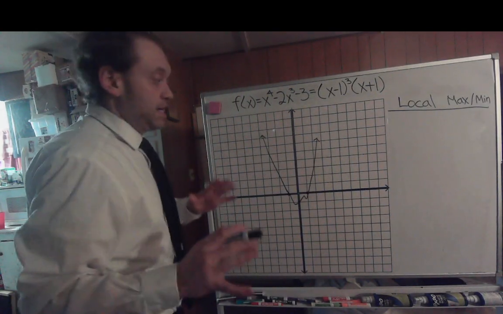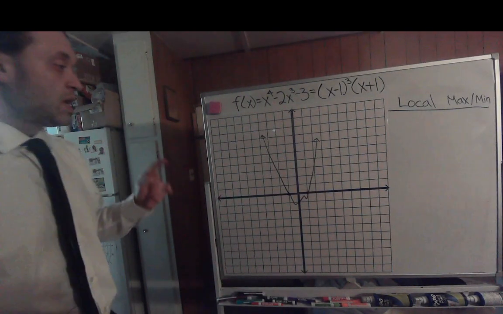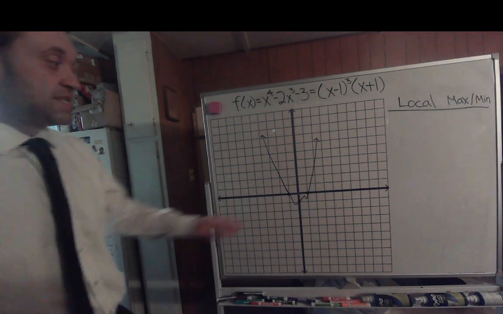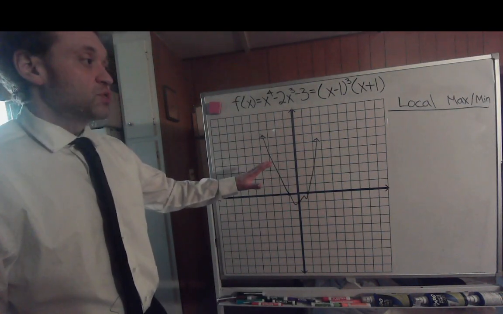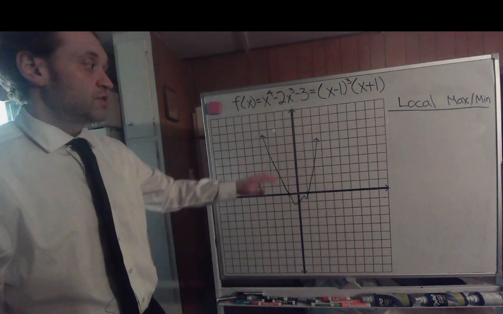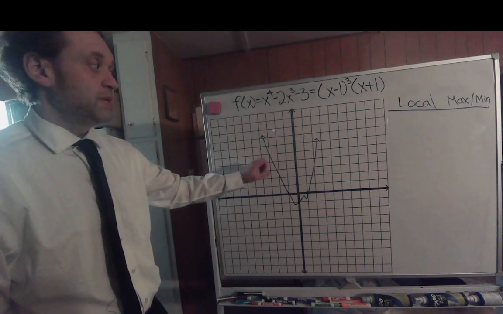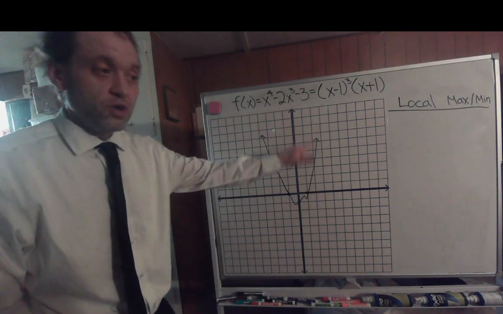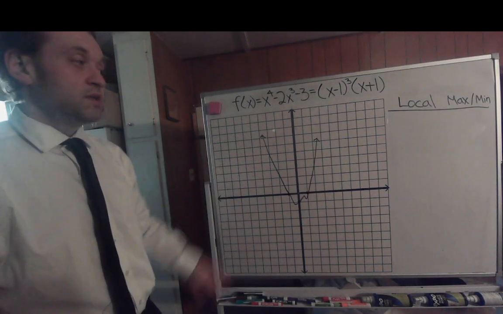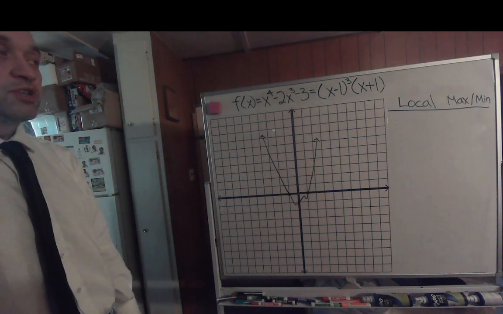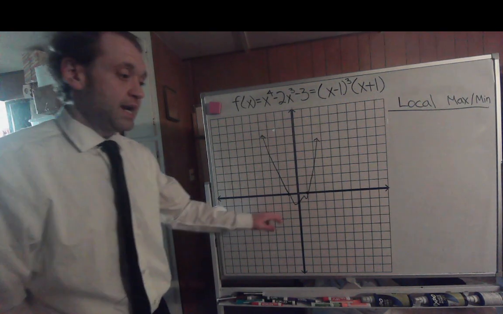That's going to be a local max and min. Local means it's in the region. It doesn't mean it's going to be on the entire thing. There really is no absolute max because it keeps going to infinity in both directions, right?